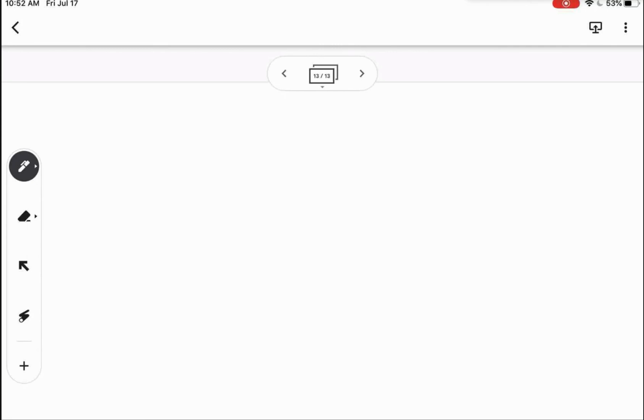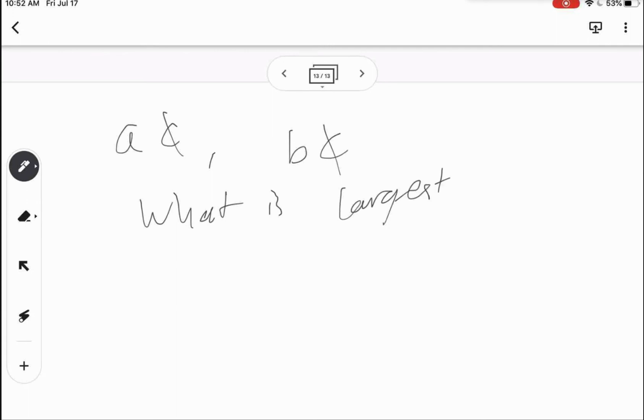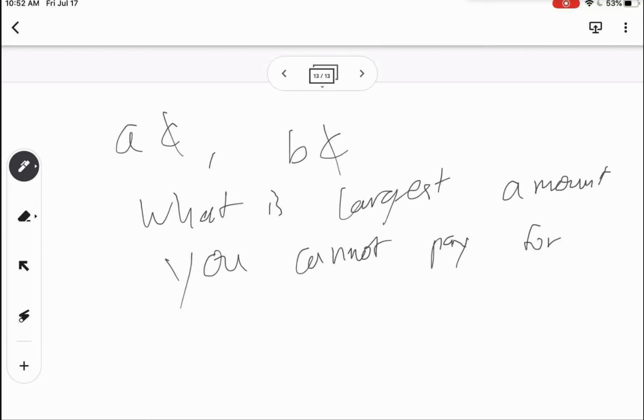So if you have A cent coins and you have B cent coins, then what is the largest amount you can't pay for? Right, so we want to find the largest amount that you cannot pay for. And some of you may have just remembered the formula AB minus A minus B, right?